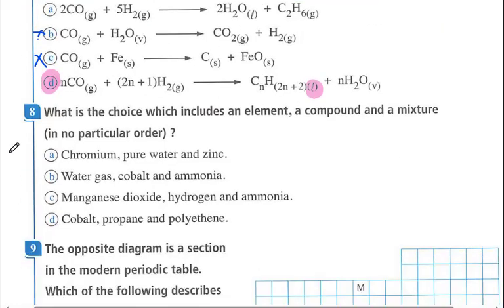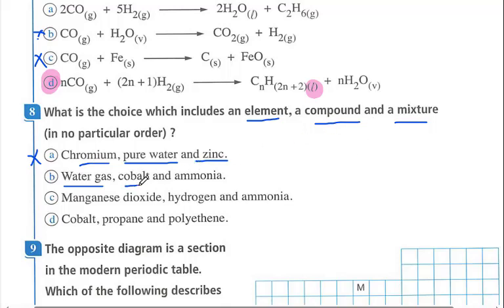Let's have another example. What is the choice which includes an element, a compound, and a mixture in no particular order? Chromium is an element, pure water is a compound, zinc is an element. There is no mixture, so it is not correct. Water gas is a mixture of carbon monoxide and hydrogen, so there is a mixture.